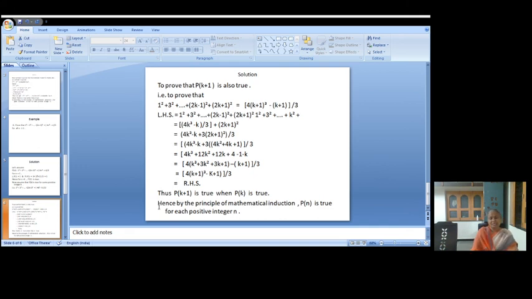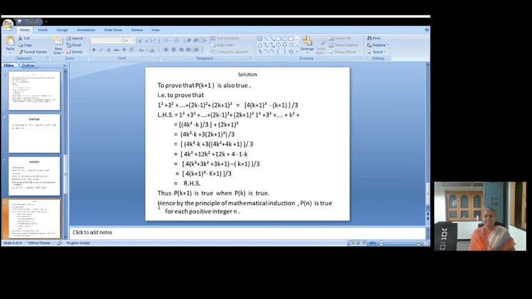And again, while simplifying this part, we write that k cube plus 3k square plus 3k plus 1 as (k plus 1) cube, and the term is nothing but 4 in bracket (k plus 1) cube minus (k plus 1), whole divided by 3. This is our RHS part.